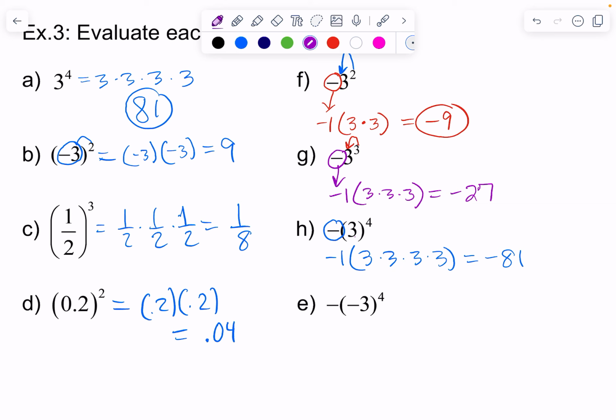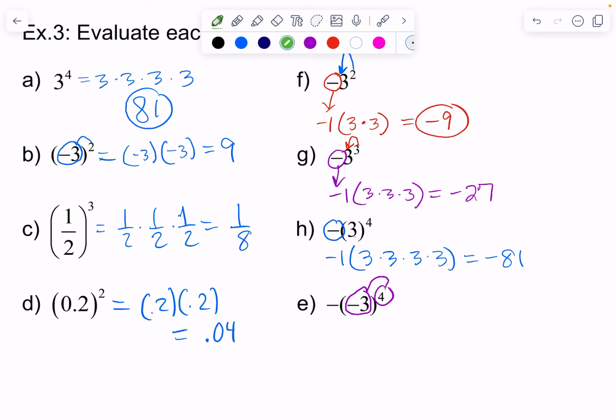And this is a very tricky one as well. A lot of people are going to multiply the negatives here first, and that's wrong. You have to follow order of operations, so the exponents go first. And this power of 4 is affecting everything inside of the parentheses.